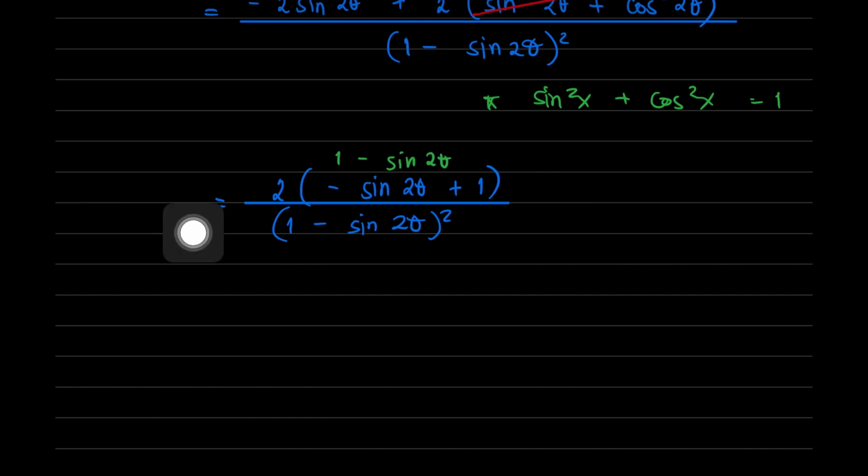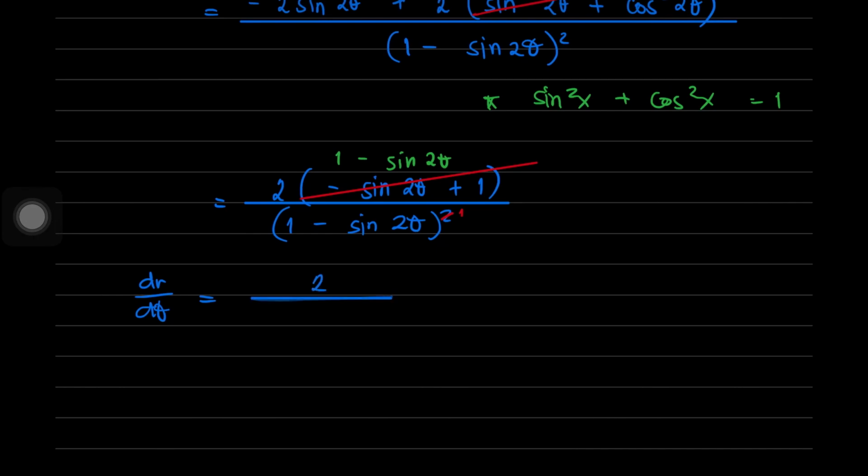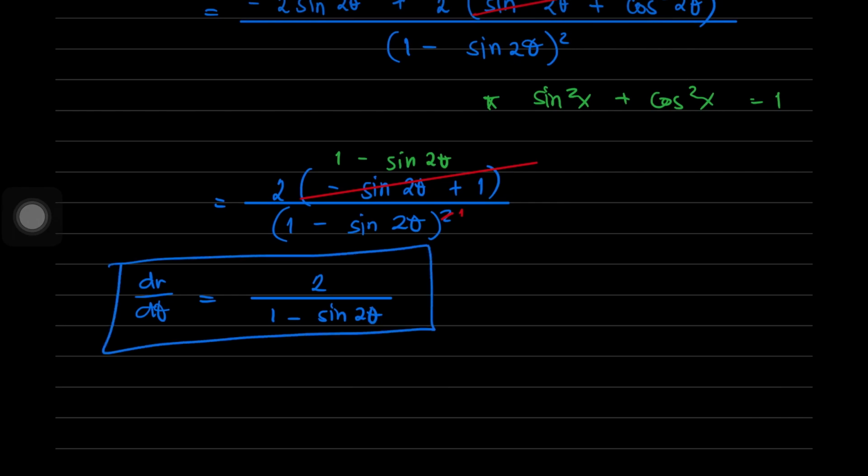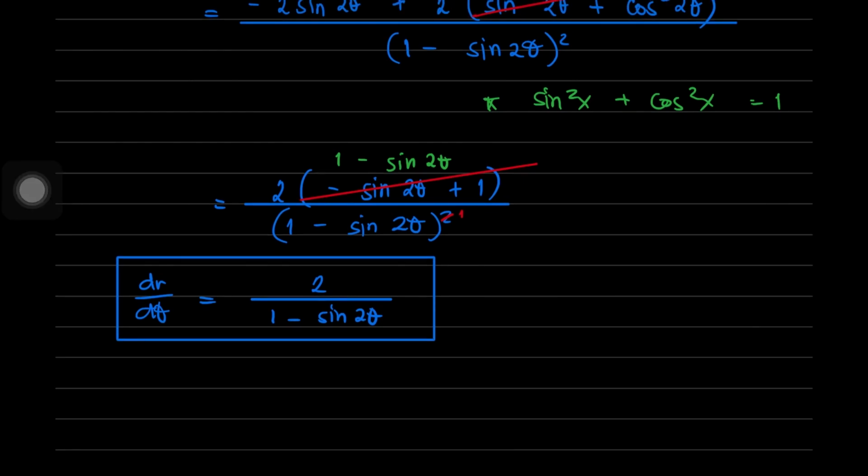And since it is a common factor in the numerator and the denominator, then we can cancel out this one with 1 factor in the denominator. Therefore, dr over d theta is now equal to 2 all over 1 minus sine 2 theta. So this is now our final answer. And that's how we solve derivatives of trigonometric functions.